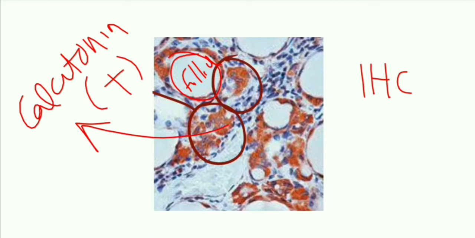So this is for staining the parafollicular C cells. Because the source of calcitonin is from the C cells, that's why it will be stained by the calcitonin marker in immunohistochemistry.